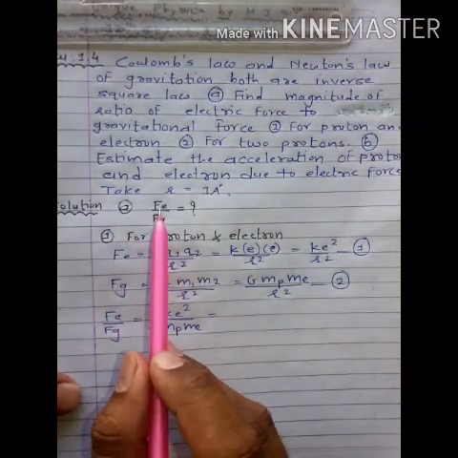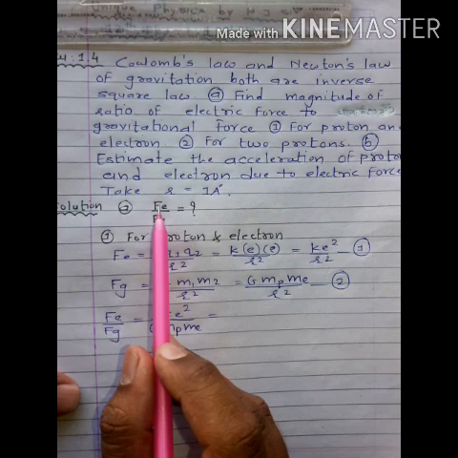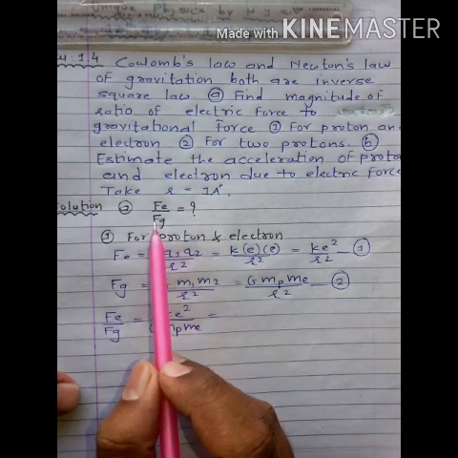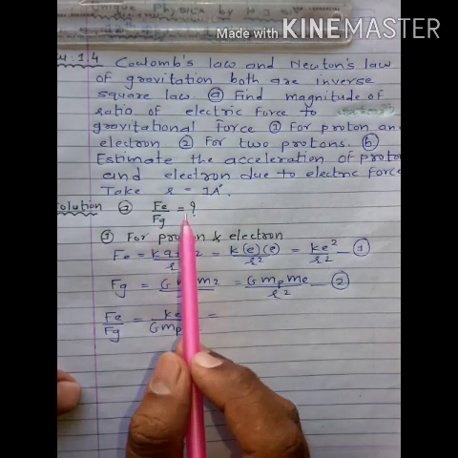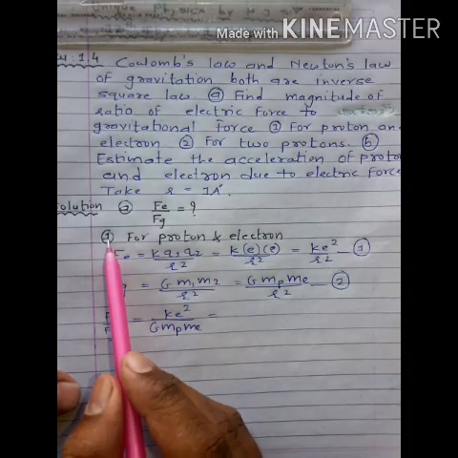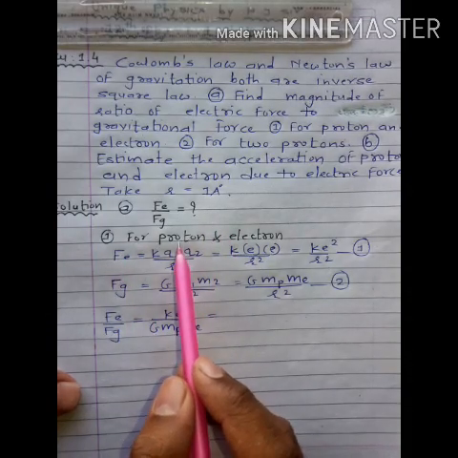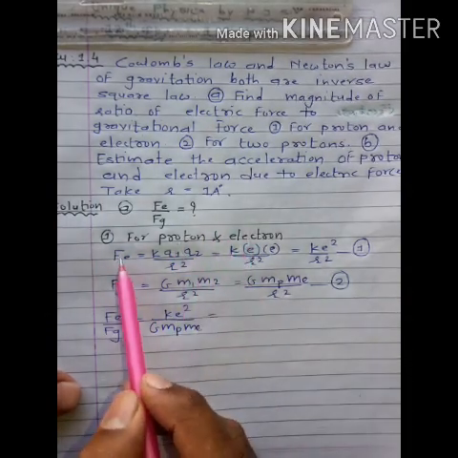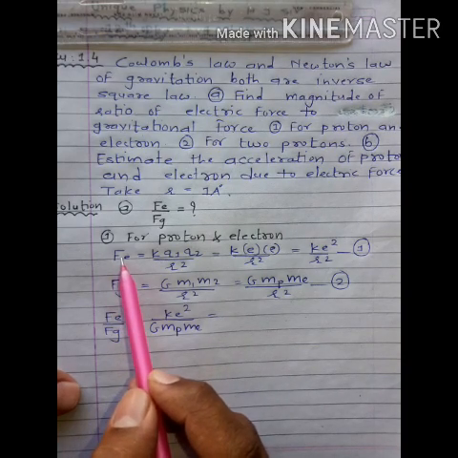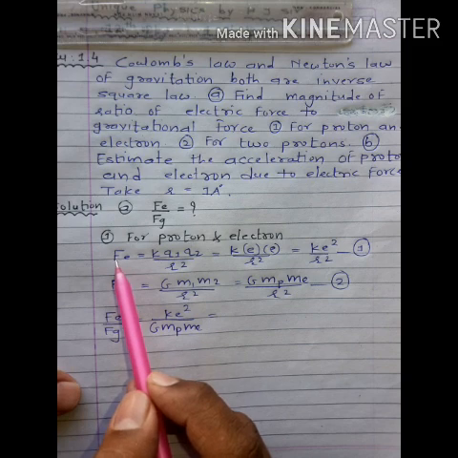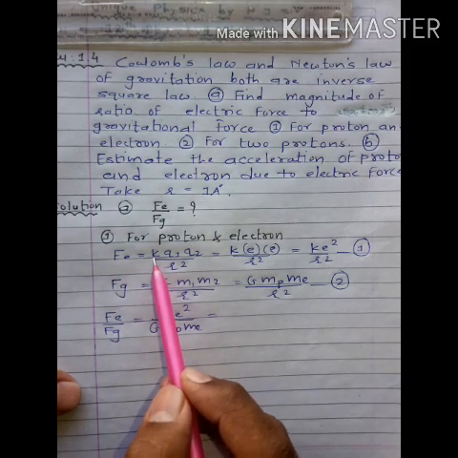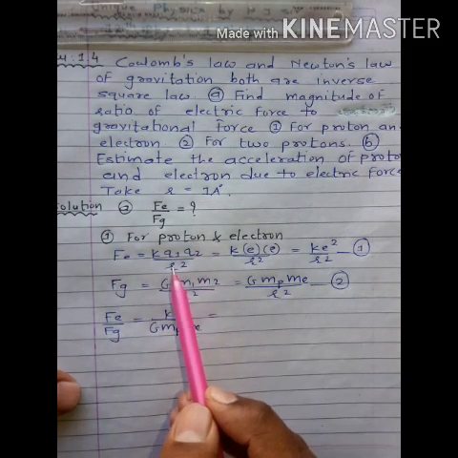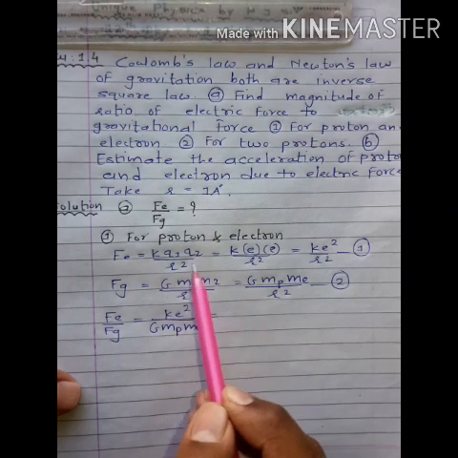A. Here we want the ratio of electric force to gravitational force, that means Fe upon Fg. Number 1, we have a proton and an electron. So first of all we write the equation of electric force. Electric force Fe is equal to K Q1 Q2 upon R square.